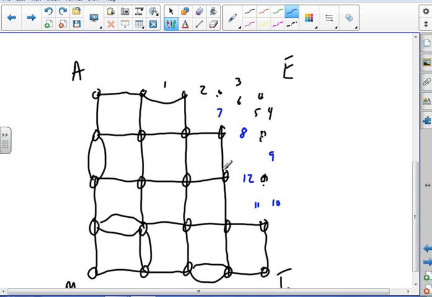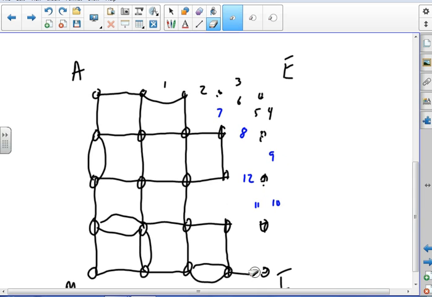Now do I want to go this way or that way? Or doesn't it matter? It probably doesn't matter. 12, 13, 14, 15, 16, 17, 18, 19, 20.